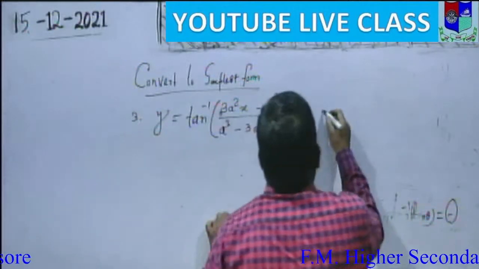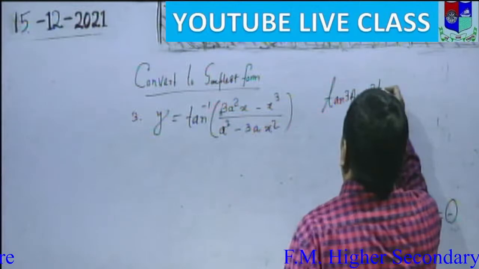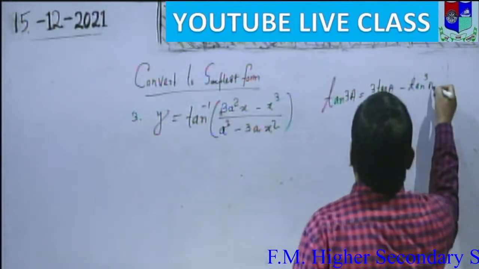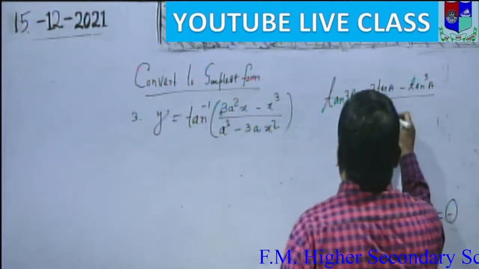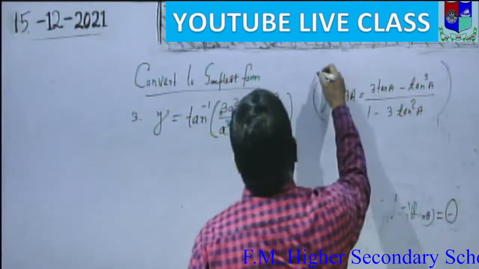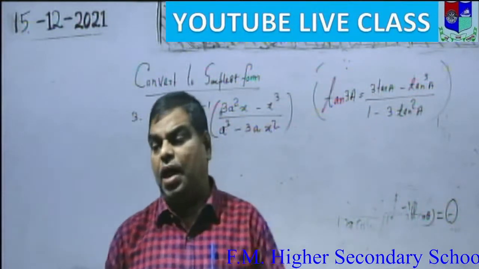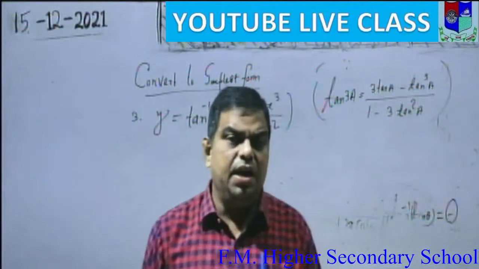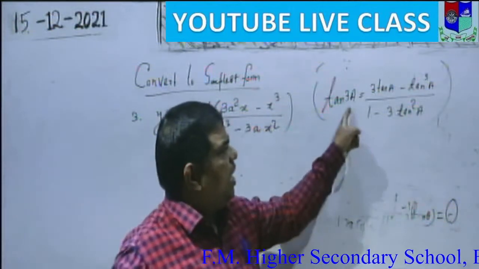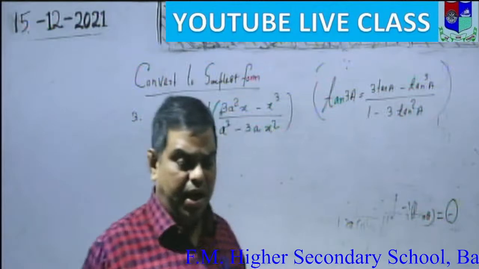We know tan 3A is 3 tan A minus tan cube A by 1 minus 3 tan square A. Already we know this formula. We have to keep the trigonometry formulas in mind, tan 3A is 3 tan A minus tan cube A by 1 minus 3 tan square A.